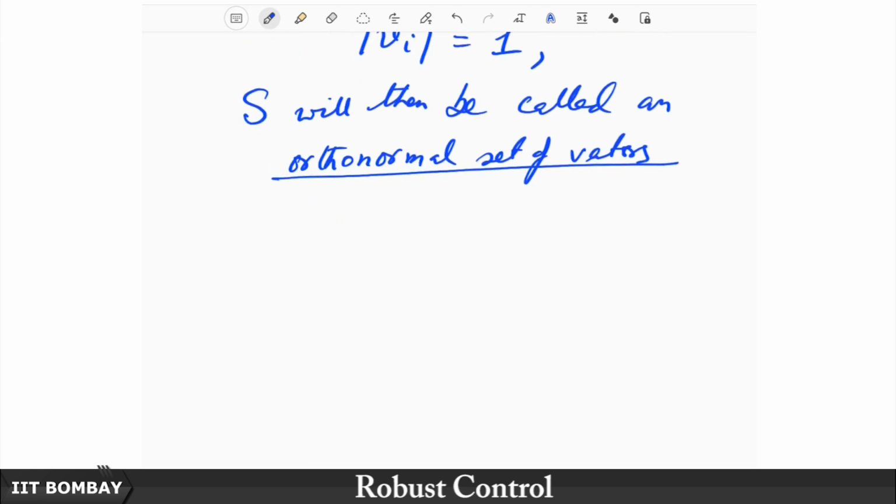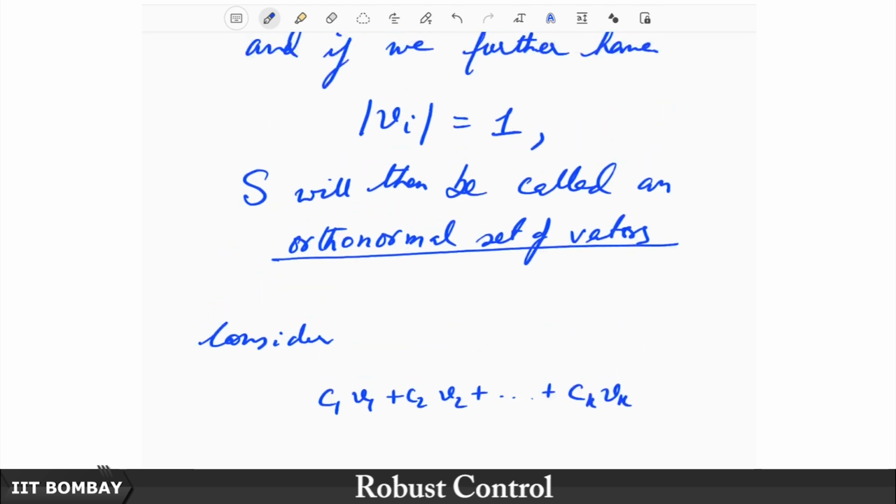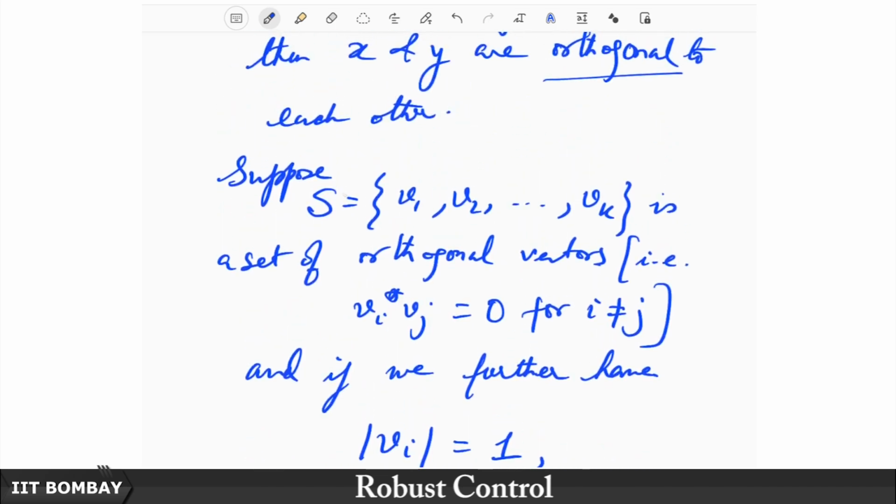So, let us consider C1 V1 plus C2 V2 plus dot dot dot till Ck Vk. Remember in the previous lecture we defined this set S to be a bunch of vectors, each of which is orthogonal to every other vector in that set.